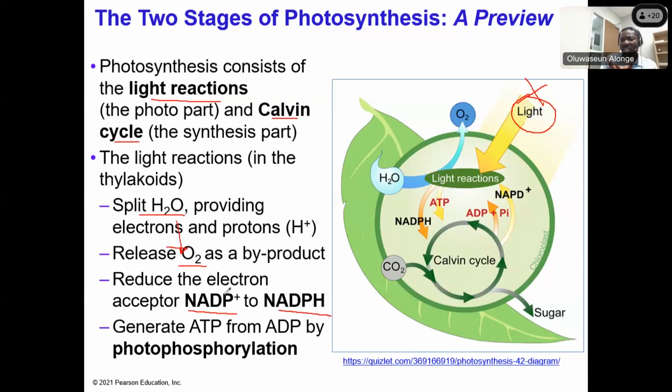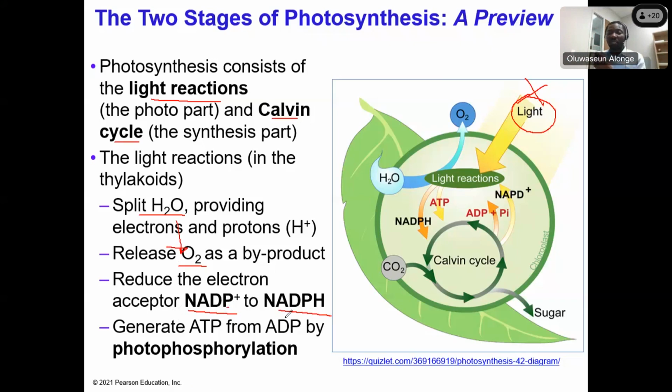What that means is that NADP plus is going to accept electron. Now, instead of NAD plus in cellular respiration, we will be talking about NADP plus here. The P is just added for photosynthesis. It doesn't mean photosynthesis. I'm just saying it so that you don't forget. So NADP plus here instead of NAD plus in cellular respiration.